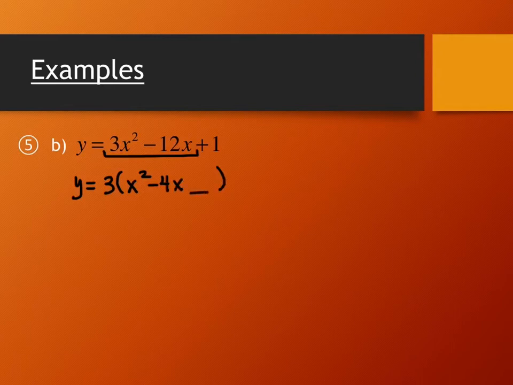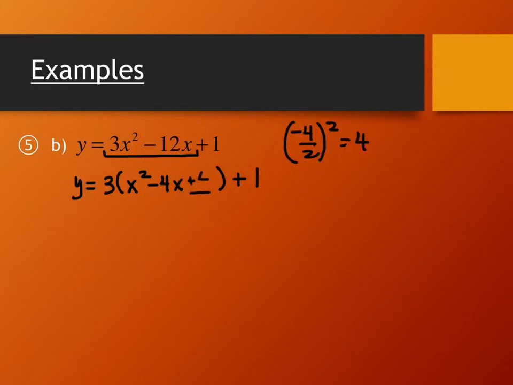I'm going to leave a space right here, just like before, and I'm going to put my plus 1 on the outside. Notice the 3 is not factored out of the plus 1 because the plus 1 is actually occurring after the parentheses occur. All right, so the key is to take the term that's b, which in this case is a negative 4, divide by 2, which gives me 2, and then squared, which gives me, again, a 4.